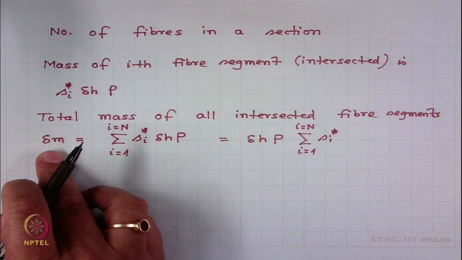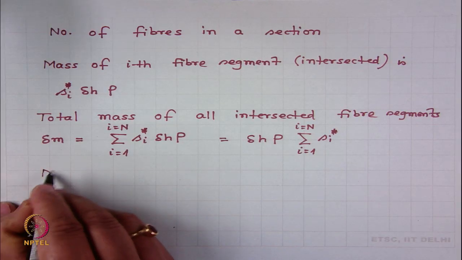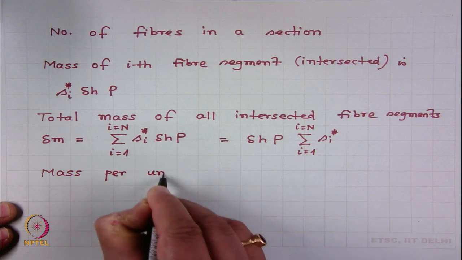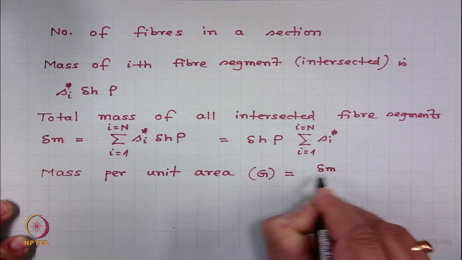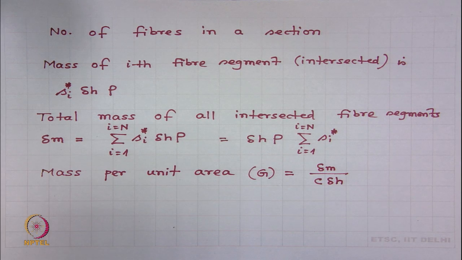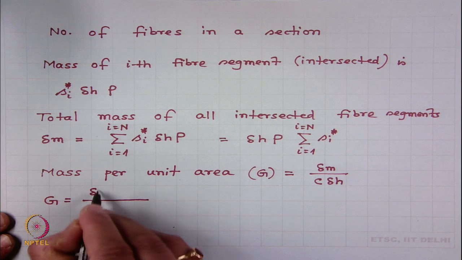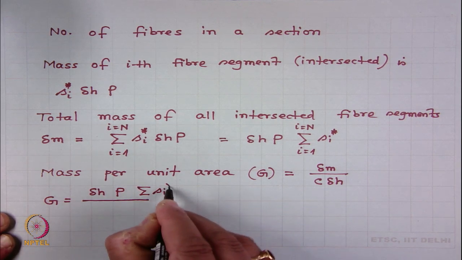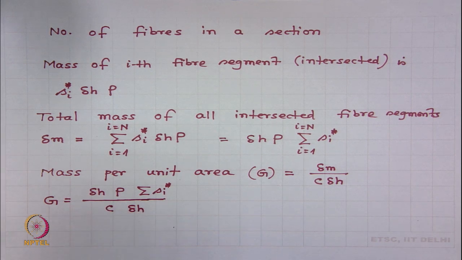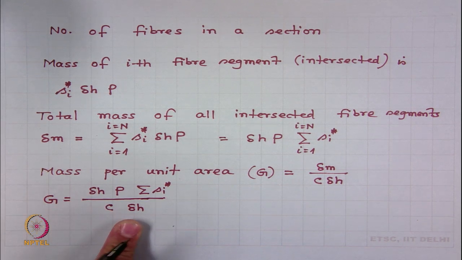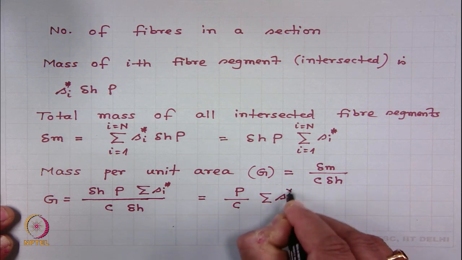What is the area? The length of this slot was C and the thickness of the slot was delta H. So, area is C into delta H. So, mass per unit area G is equal to delta M by C into delta H. So, we write delta M is delta H into rho into the summation of Si star, i equal to 1 to N, divided by C into delta H. So, this delta H cancels out, and we are left with rho by C, summation of Si star.